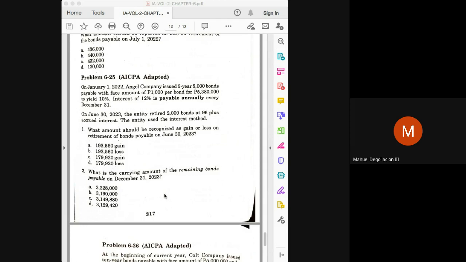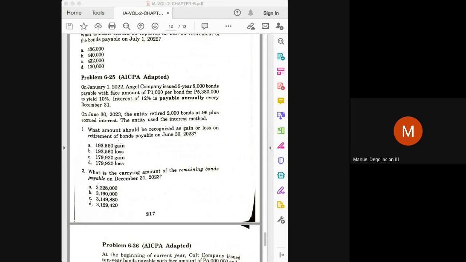Okay. The retirement happened in 2023, so we will have to update it by end of 2022 and by June 30, 2023. Okay. We will begin with, I hope you can follow already without me having to be very descriptive of the amounts.